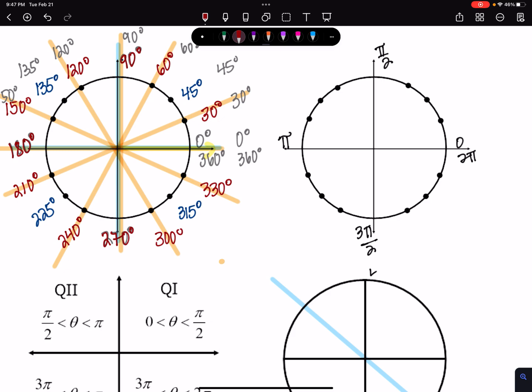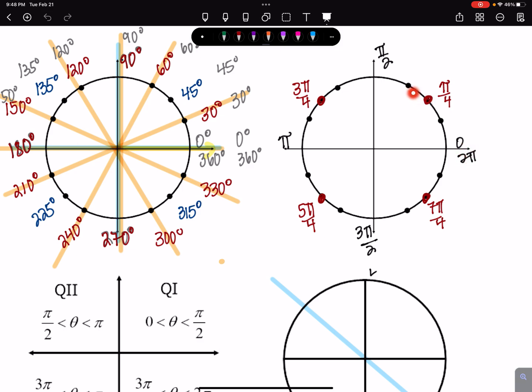And then I'm going to do the ones in the middle. So the ones in the middle are my pi over 4s, and they're going to be all the pi over 4s that don't reduce. 1 pi over 4 does not reduce. 2 pi over 4 reduces, it's up here. 3 pi over 4 does not reduce. 4 pi over 4 reduces, it's right here. 5 pi over 4 does not reduce. 6 pi over 4 reduces, it's right here. 7 pi over 4 does not reduce. 8 pi over 4 reduces, it's right here, it's 2 pi.